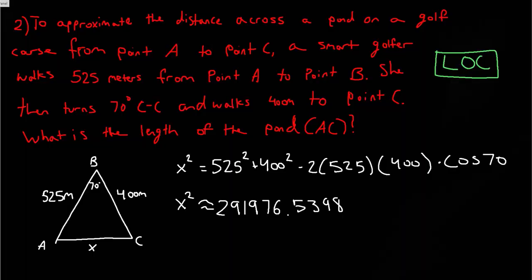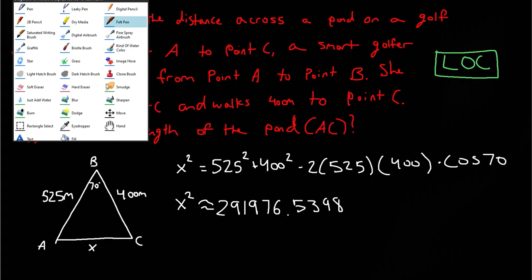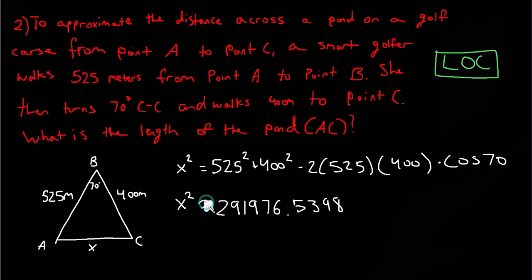So, oh no. Okay, eraser. Let's just take off the roughly. Oh, that's not too good. Okay, now it's okay though. It's okay. Alrighty. Okay, x squared is equal to that.